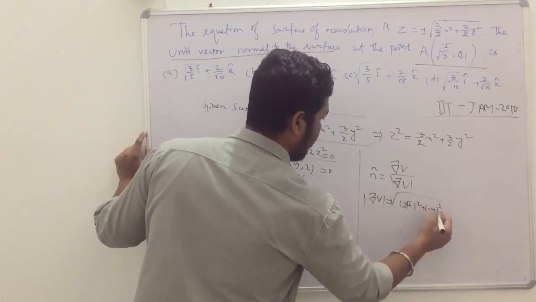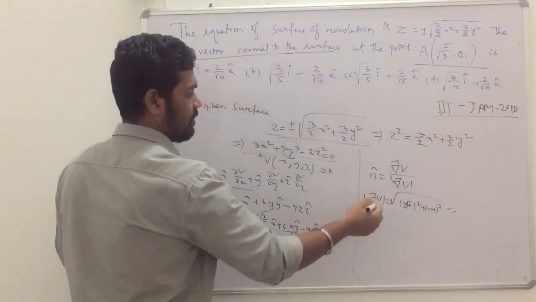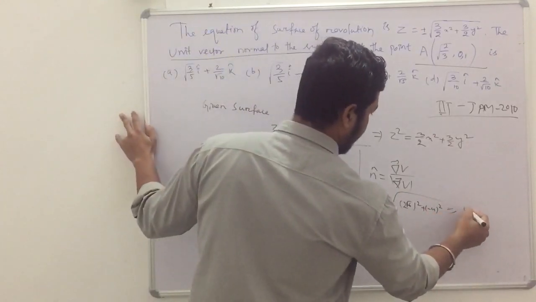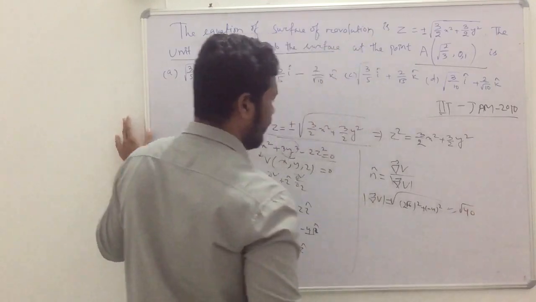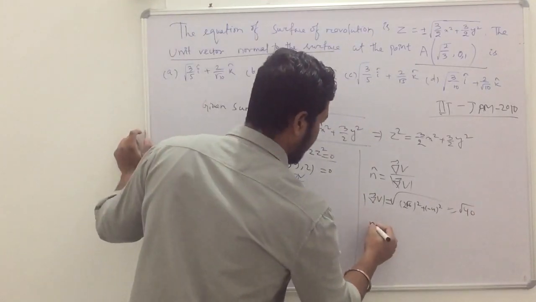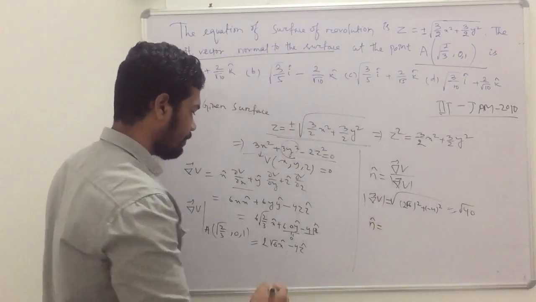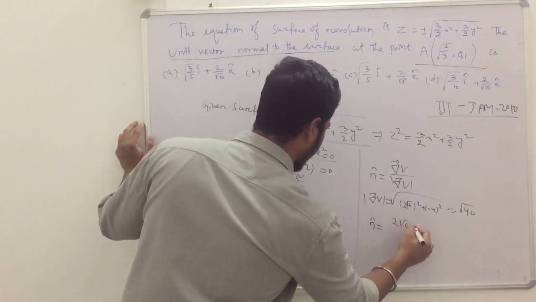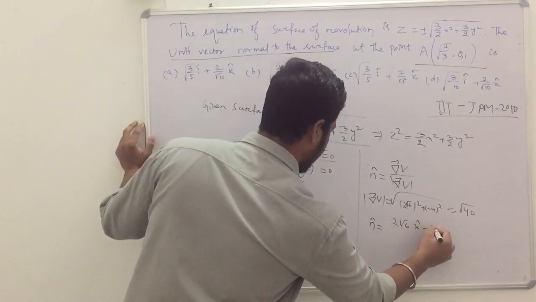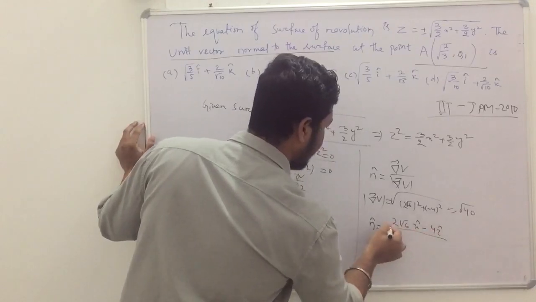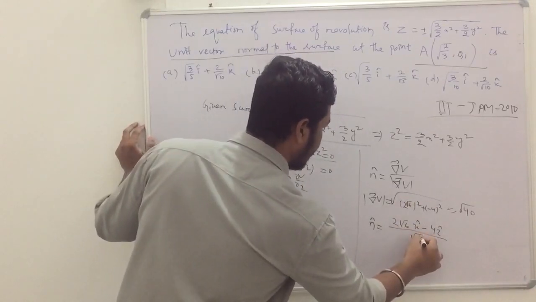From this you will get root under 40. So your n cap will be simply 2 root 6 x cap minus 4 z cap divided by root 40.